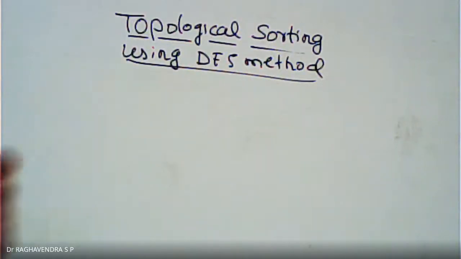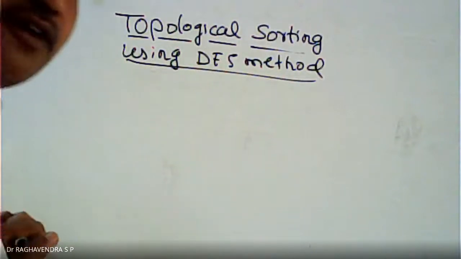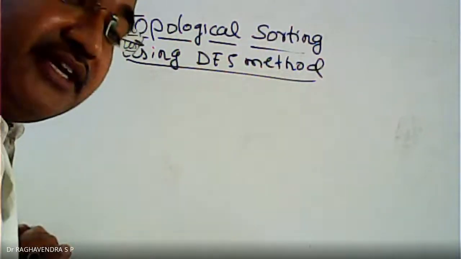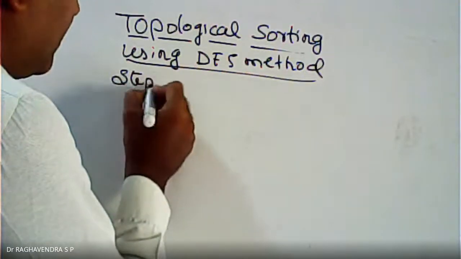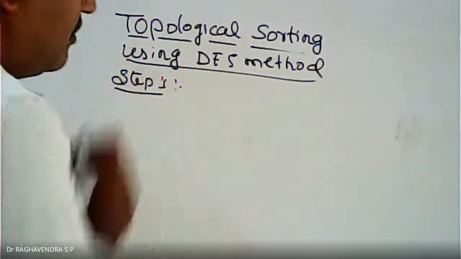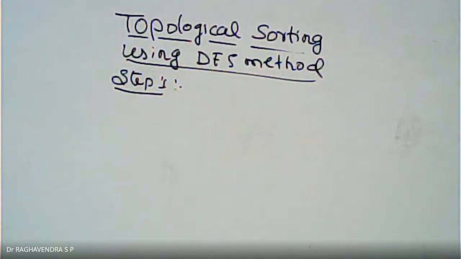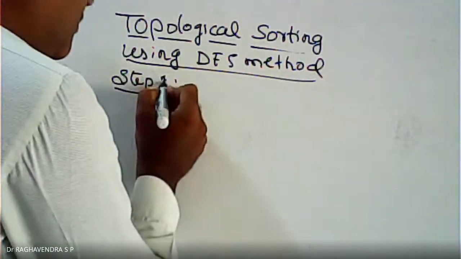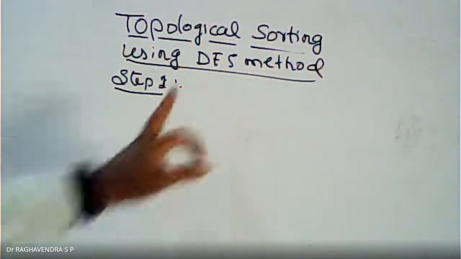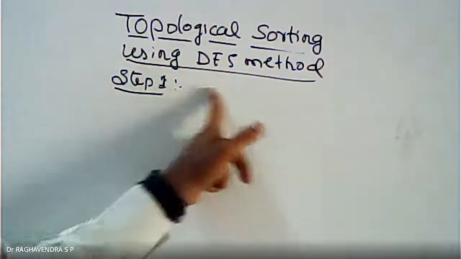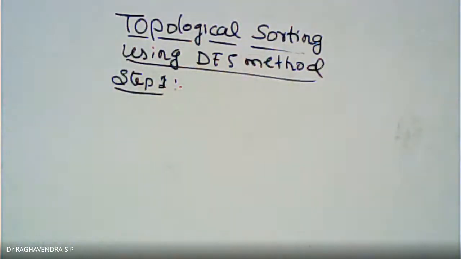Here we have to follow some steps, just like what we followed in DFS traversal. Step 1. I will dictate, will you write it down? Step 1. Select any arbitrary vertex.